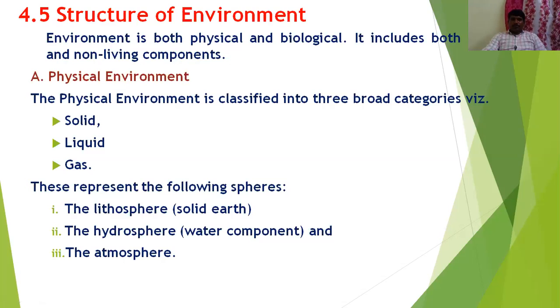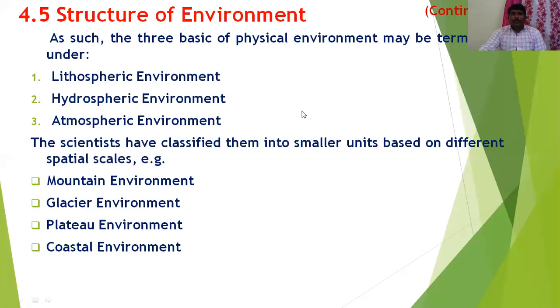1. The lithosphere, that is solid earth. 2. The hydrosphere, that is the water component. And 3. The atmosphere, that is gases. As such, the 3 basics of the physical environment may be termed lithospheric environment, hydrospheric environment, and atmospheric environment.